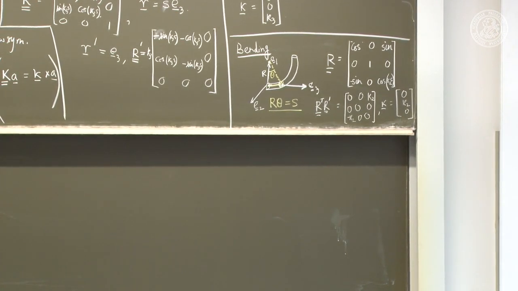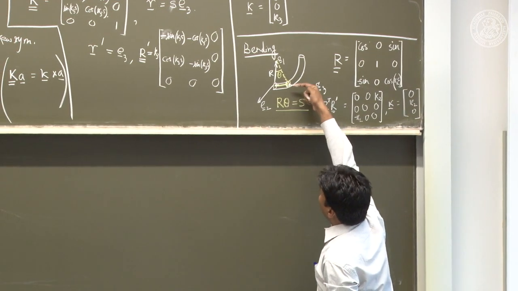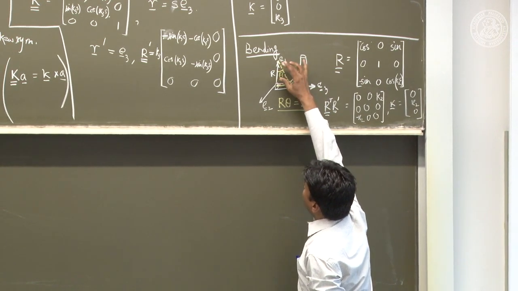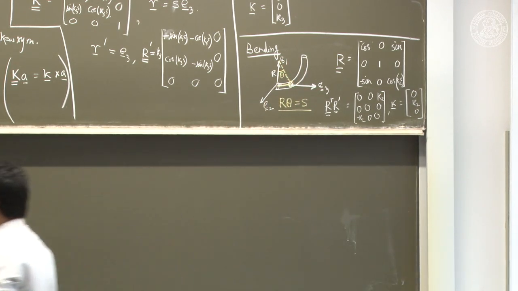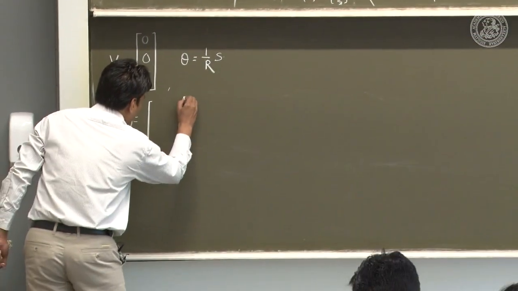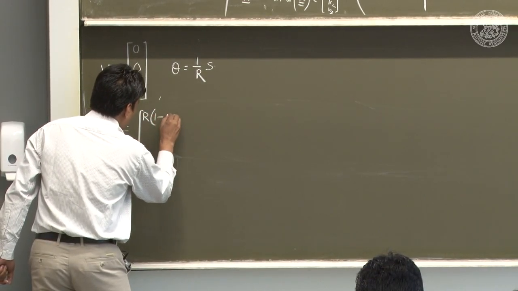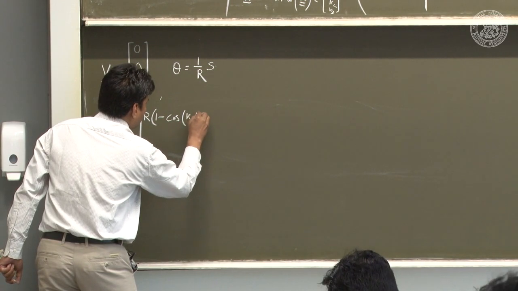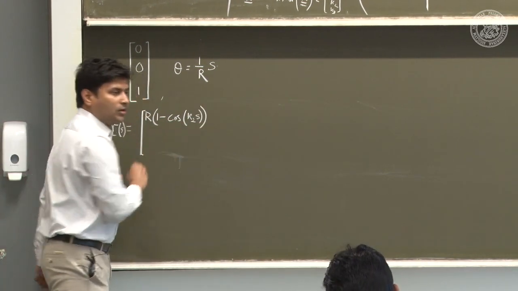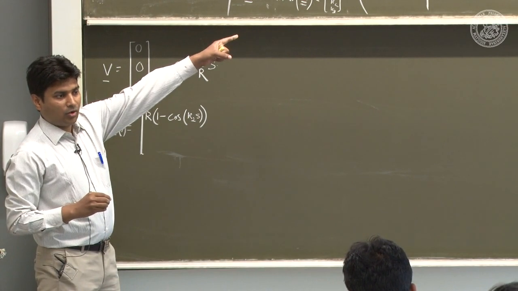E2 is of course 0 because it is bending in the E1-E3 plane. The E1 component is big R times 1 minus cosine of K2 times S. When S is 0, that is 1 minus 1, 0, so it's at the origin.